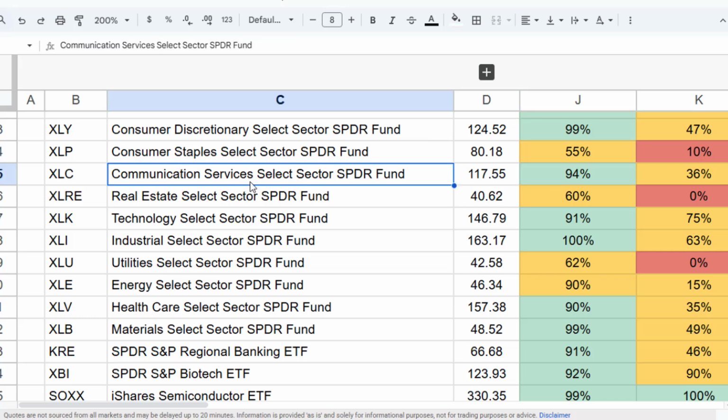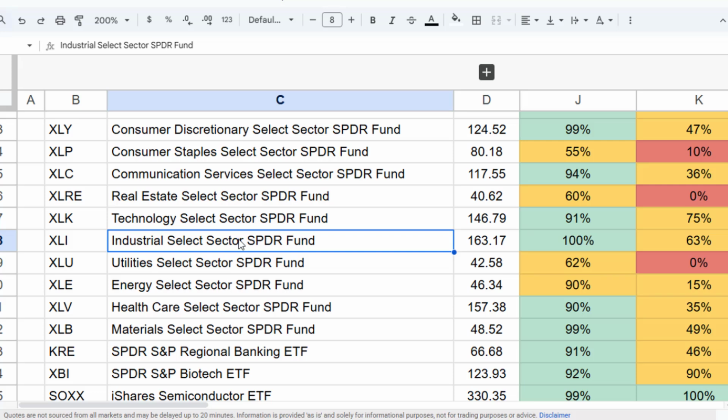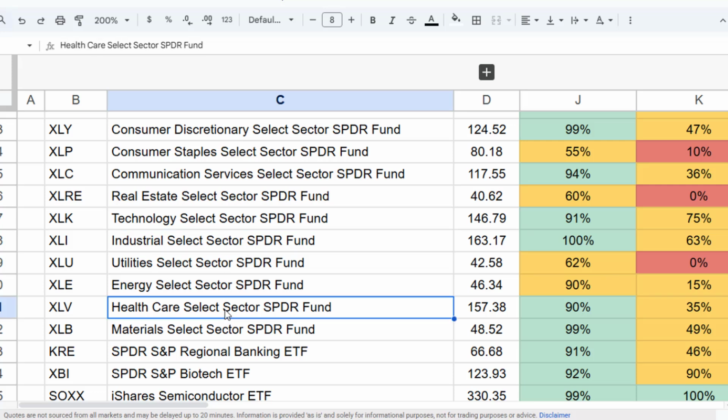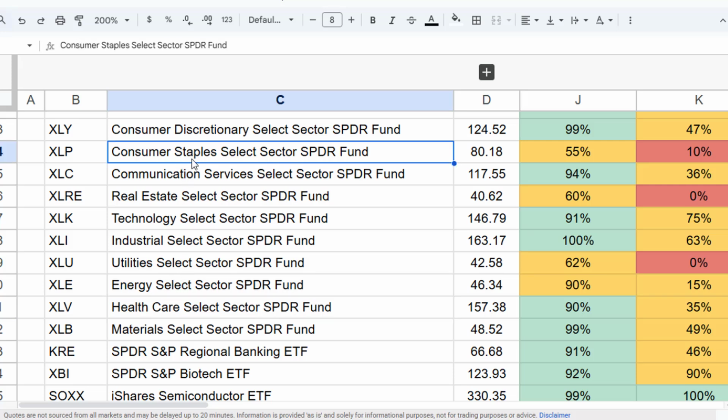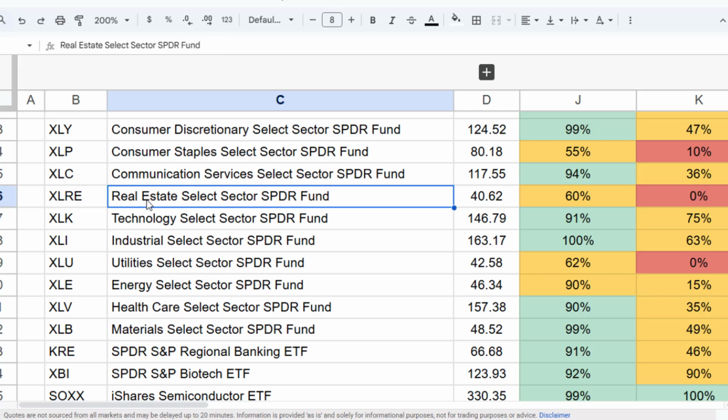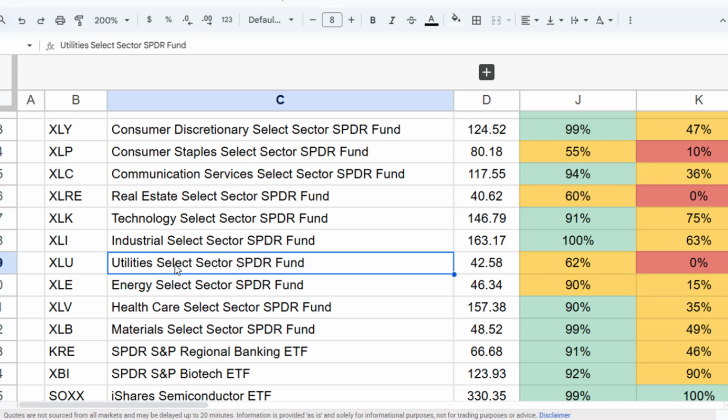Also the communication services, the industrial complex, and technology. Last but not least, healthcare and materials as well. But others are not performing very well. For example, consumer staples, which represents very defensive stocks, or real estate, utilities and energy as well.